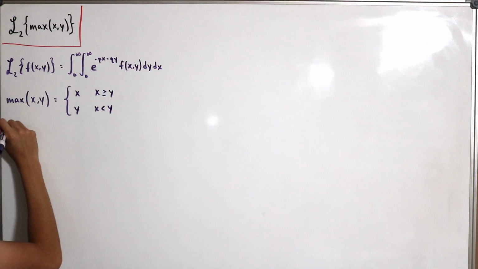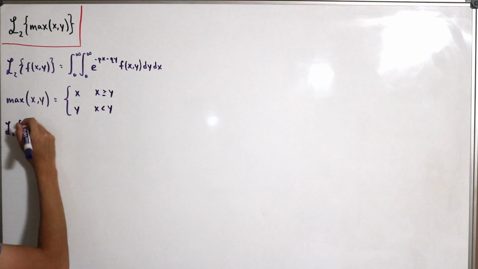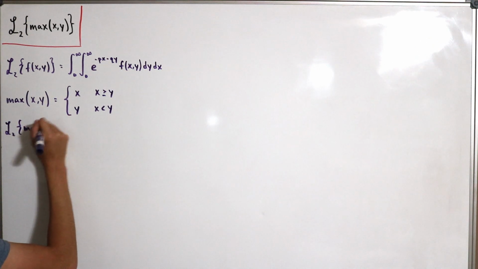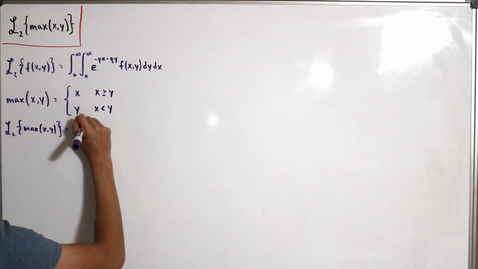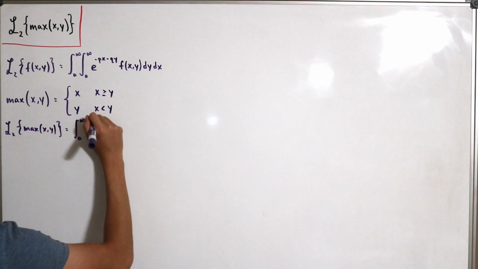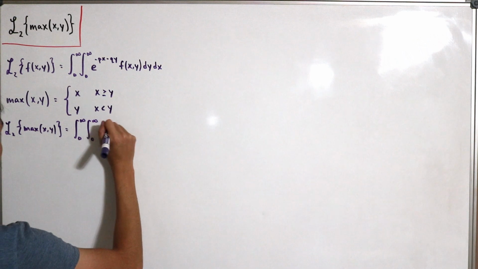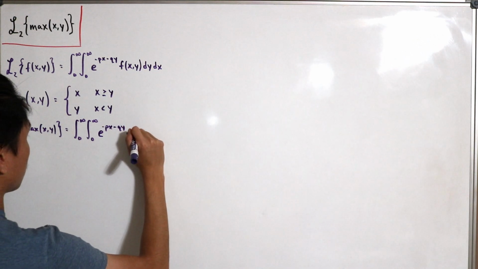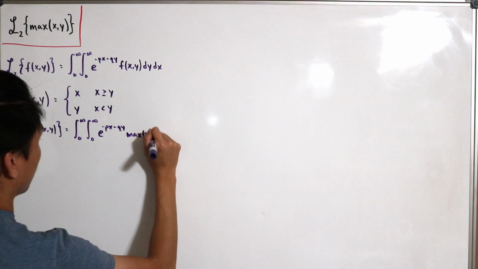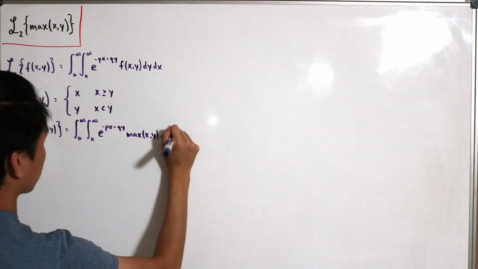If I put in the max of x and y, I have to substitute the function back in: e to the negative p times x minus q times y, times max of x, y, dy, dx.